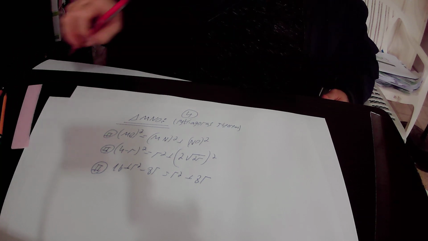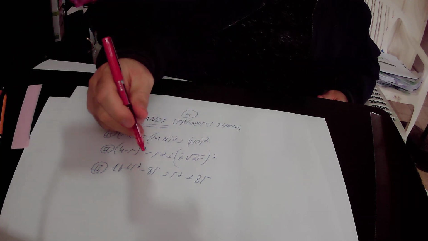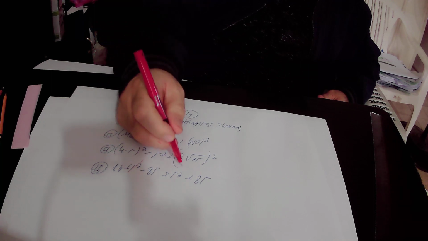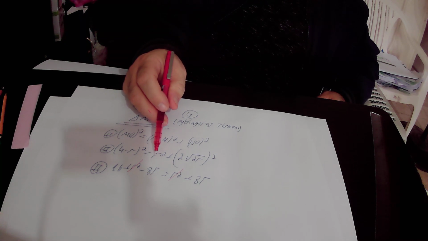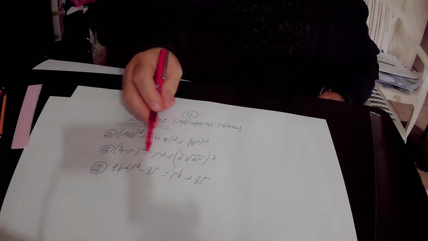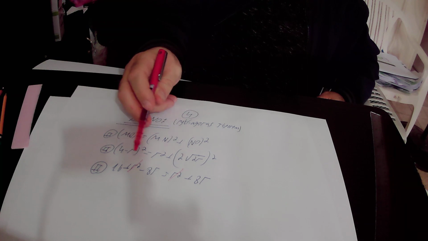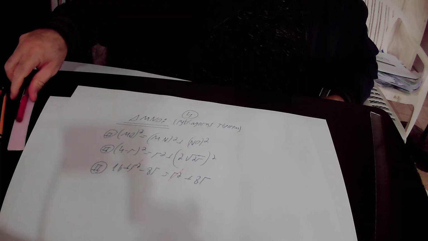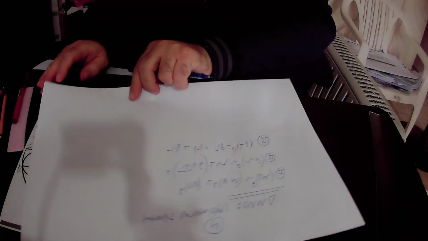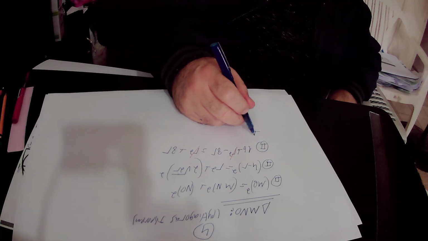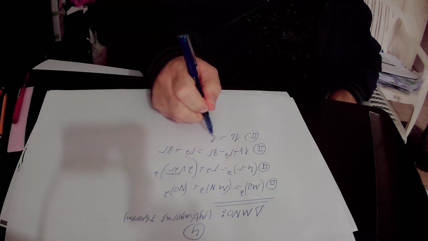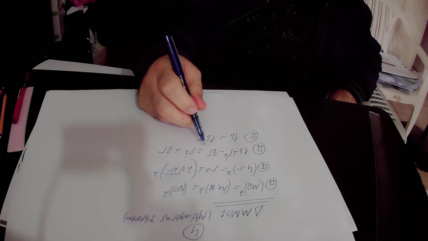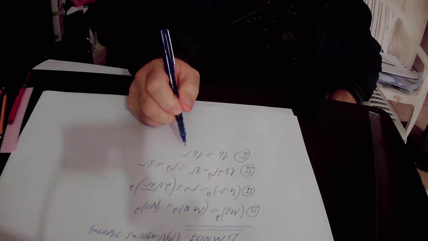Here we have R squared on both sides of the equation, so R squared will get cancelled. We will add 8R to this equation, and we will get that, according to equation number 2, 16 equals 16R, because 8R plus 8R is 16R.